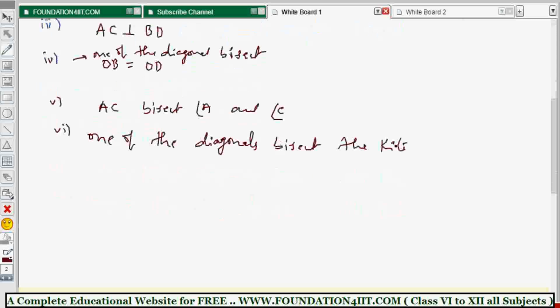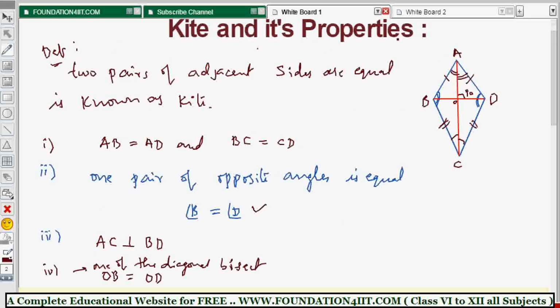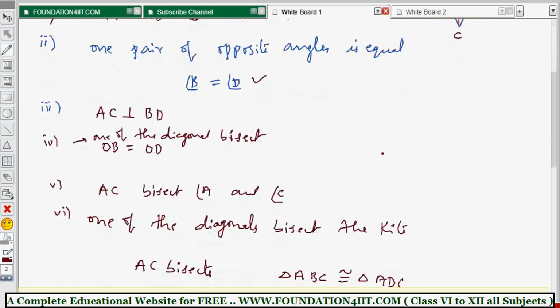Because AC bisects the kite, triangle ABC is congruent to triangle ADC. ABC is the left side and ADC is the right. So they are congruent triangles.